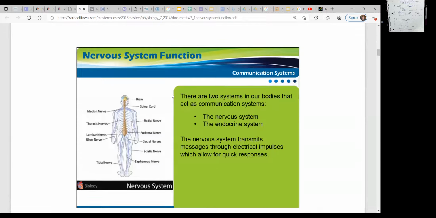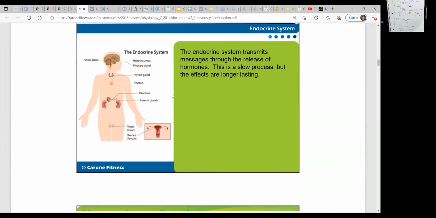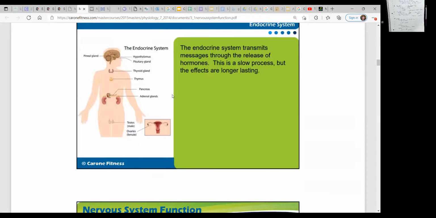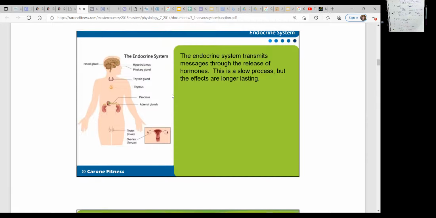And I think the most important thing to mention in this part, it talks about the endocrine system here, how it transmits messages through the release of hormones, and that is a slower process, but the effects are longer lasting.